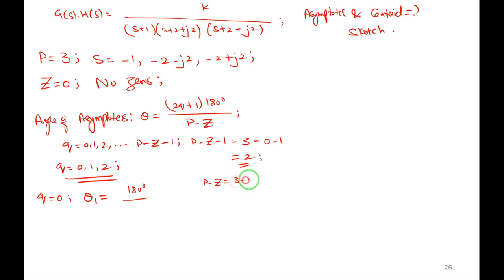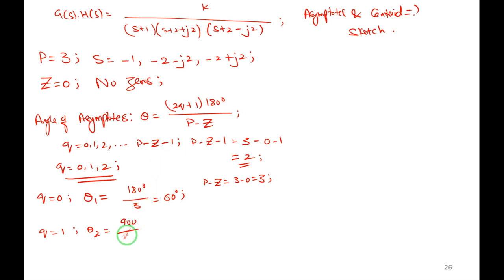P is 3, Z is 0, so p minus z is 3. Substituting 3, I get 60 degrees. Then substitute q equal to 1 and calculate theta 2. Then substitute q equal to 2: 2 into 2 plus 1 is 5, 5 into 180 degrees, so I am getting 900.